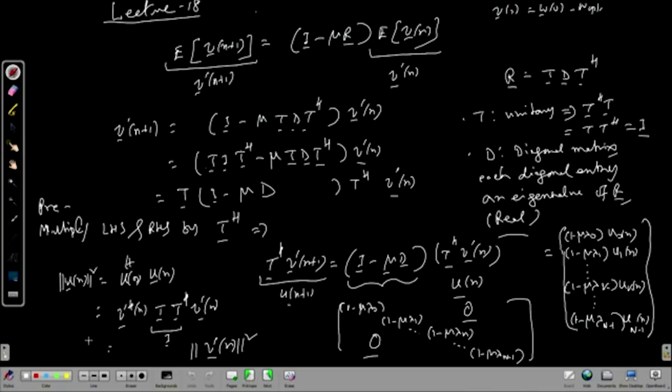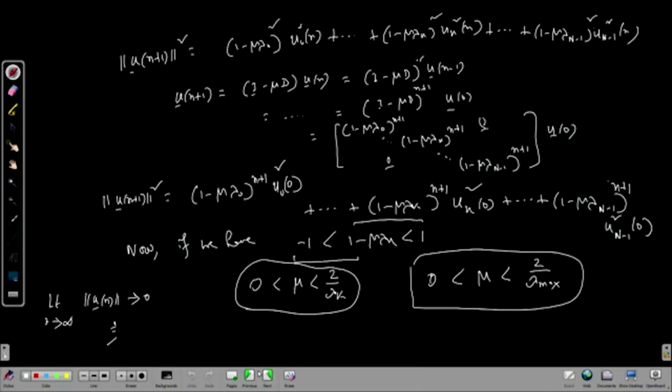So if this norm goes to 0, this norm goes to 0. This implies limit goes to 0, and then I say if the norm is 0, the vector itself goes to 0. That is the only way a norm can be 0.